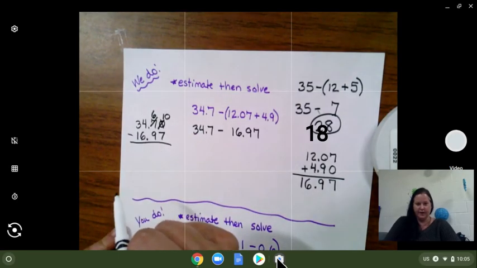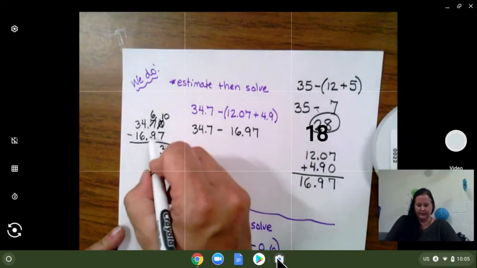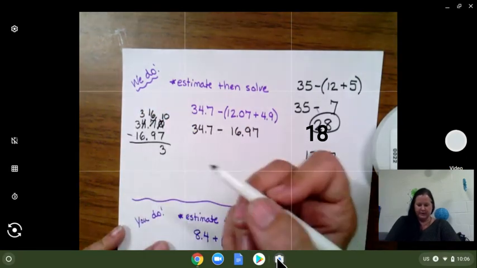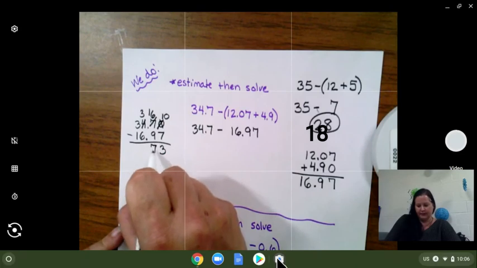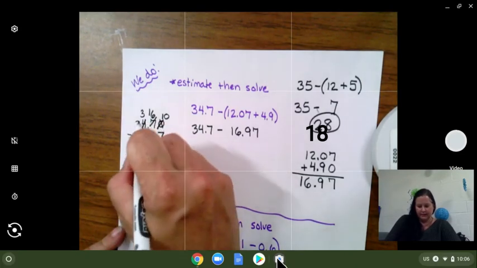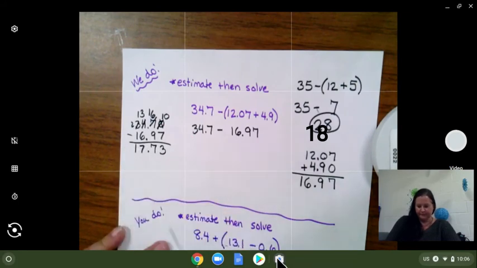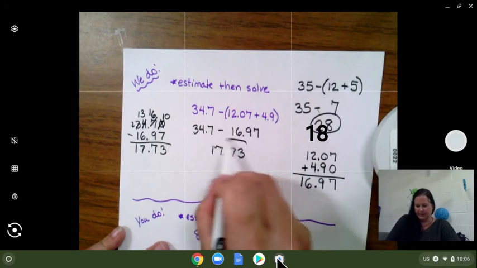If you want to pause and try the subtraction on your own, that would be great. This one I can't take away either. I'm going to regroup. You can always watch me after to see if you were correct. And then this one I'm going to regroup. My answer is 17 and 73/100.